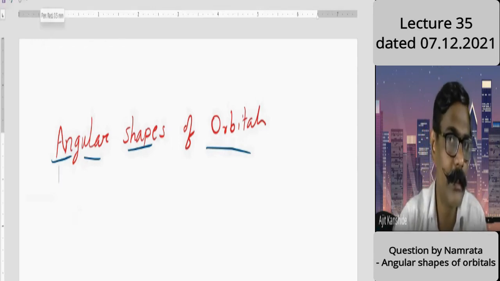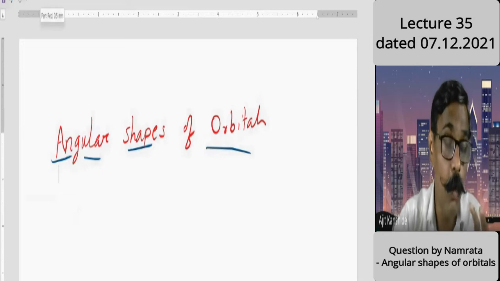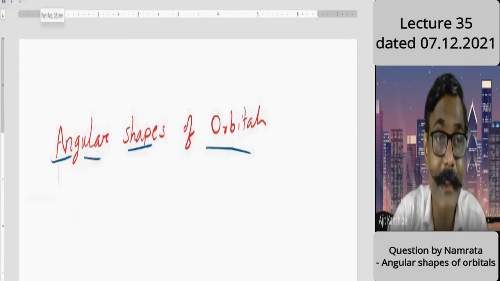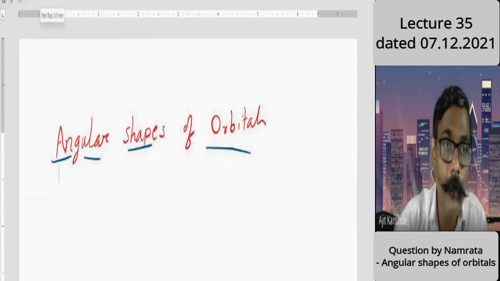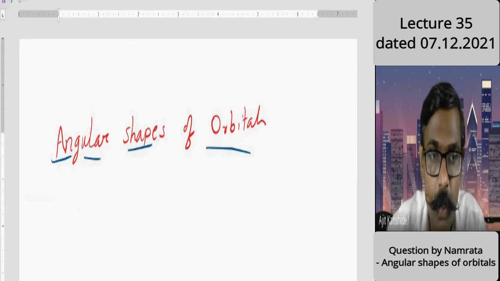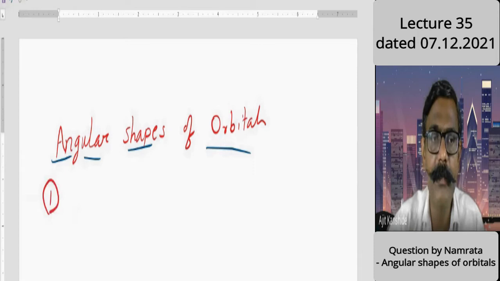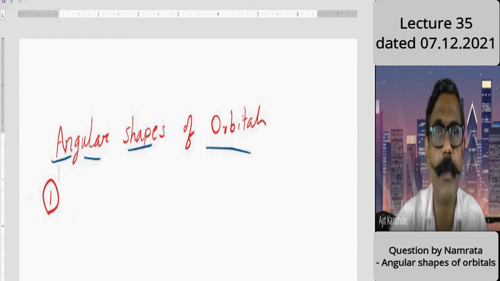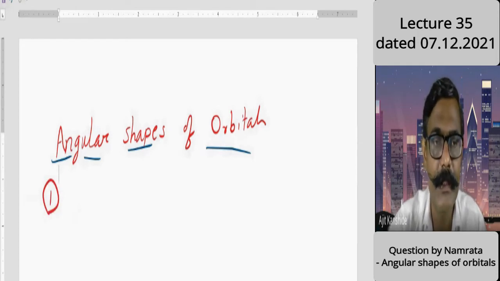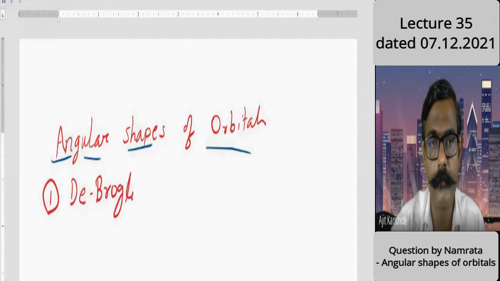Understand that shapes exactly what, how can we understand the alignment or existence of the electron? For that, you need to understand the first basic principle of quantum chemistry, that is the de Broglie equation.